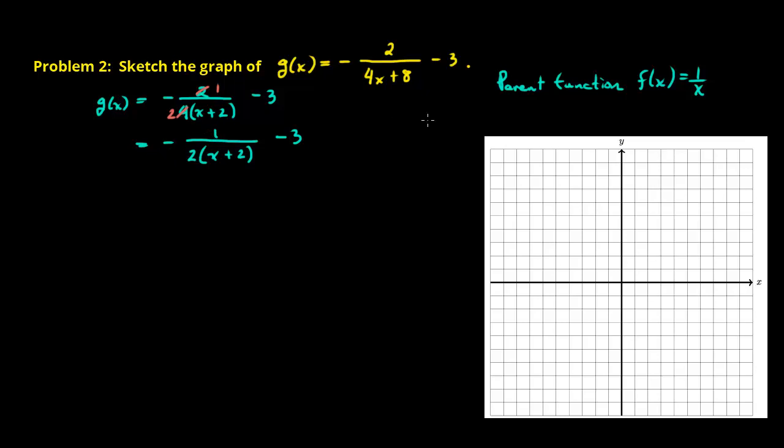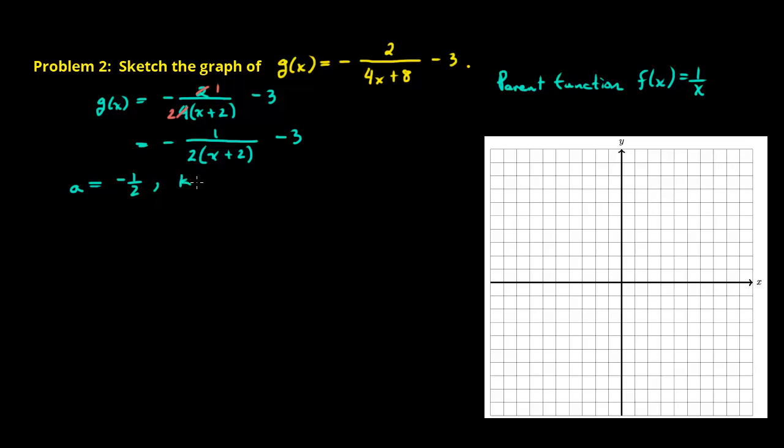If I look at what transformations have been applied to the parent function, I can think of my a value as being minus 1/2, because I can think of g of x as f of x multiplied by negative 1/2, and then I've added 2 inside my function f of x, and outside of the function I've subtracted 3.